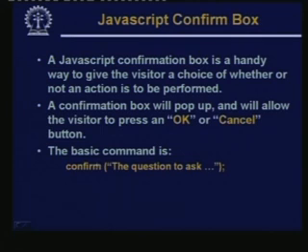The syntax of the confirm box is, the name of the method is confirm, within quote you can give a string, that string will be used as the label of the confirmation box. It will display that string and then it will ask you whether OK or cancel, right.